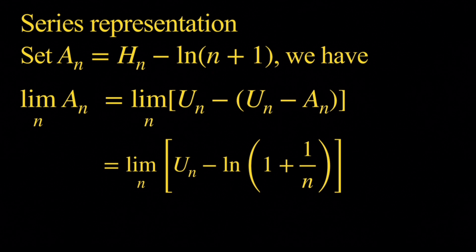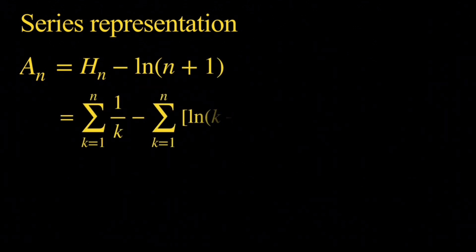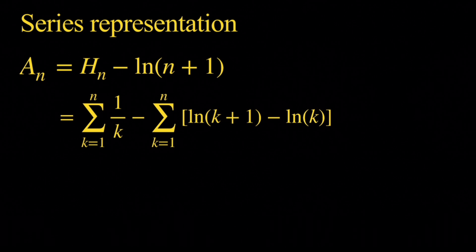Now notice that natural log of 1 plus 1 over n tends to natural log of 1, which is 0, and u_n tends to gamma, so the limit of a_n is also gamma. Okay, now we want to express gamma as a series. The starting point is this sequence a_n, which is going to be written as a sum.